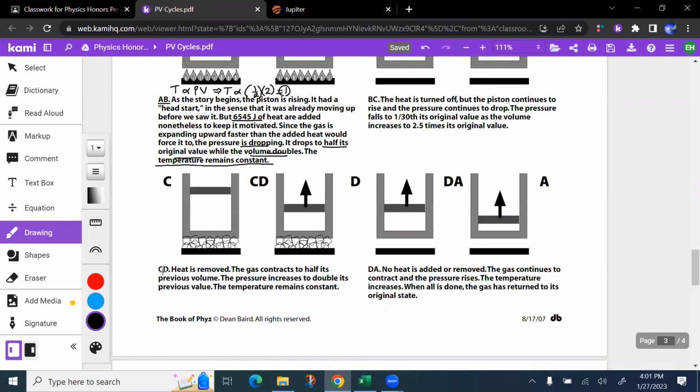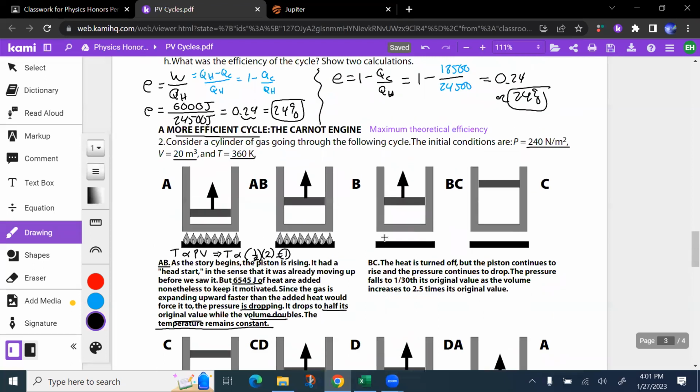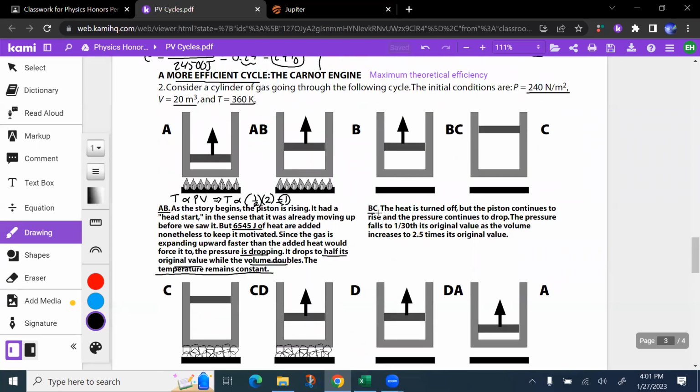Now, from C to D, the heat is removed. The pressure contracts to half. I'm sorry. I missed one. B to C, sorry. So from B to C, the heat is turned off. So we have no heat added to the system. But the piston continues to rise. That means the volume is going to go up. The pressure continues to drop. Now, the pressure is going to be 1/30th of its original value, and the volume is going to increase 2.5 times more.